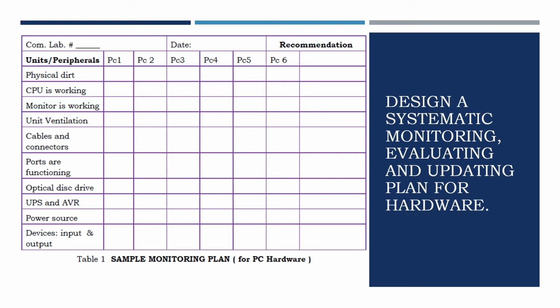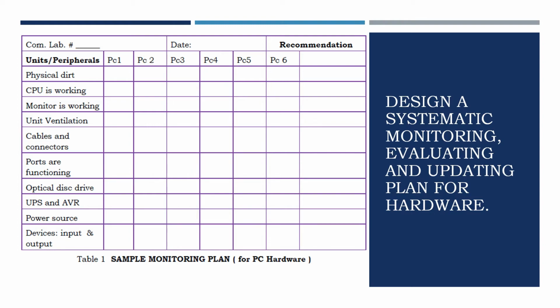Now, this is a sample of a monitoring plan for PC hardware. As you can see, this is just a graph or a table with the details on the laboratory, date, and recommendation. Also observe the number of computers. We have PC1 to PC6.